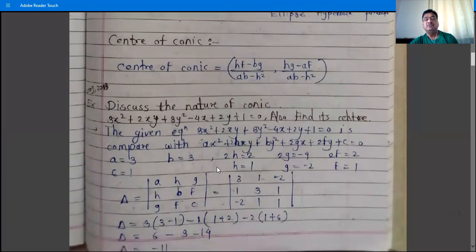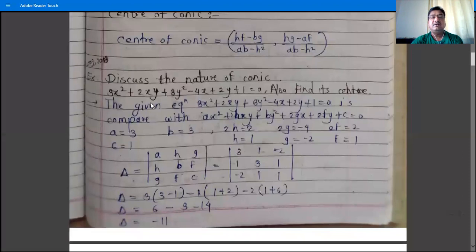Then what do we have to do? If you observe this equation, there are the x square terms, the product term xy, the x term, the y term, and the constant term. In order to reduce this equation to standard form, x square by a square plus y square by b square is equal to 1, note that in standard form there are only the square terms, that is the x square term, y square term, and the constant term.